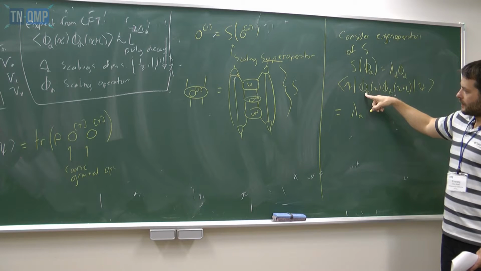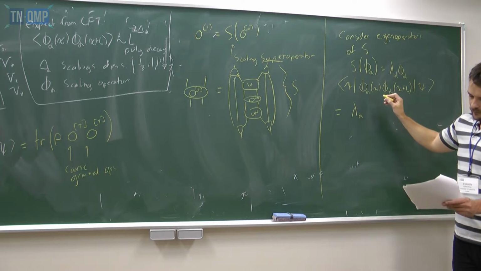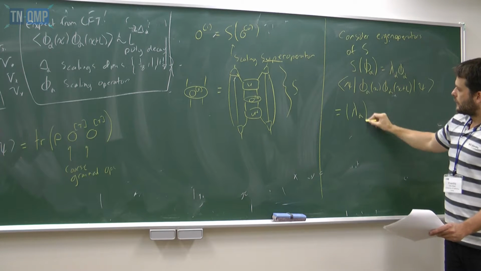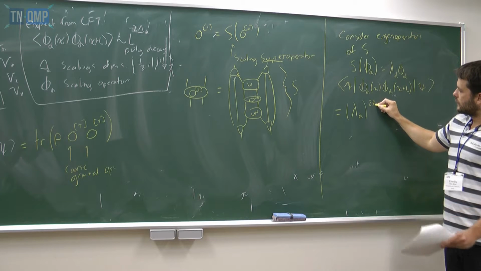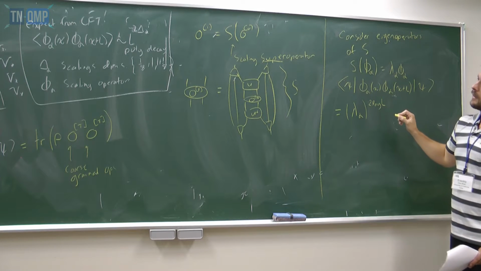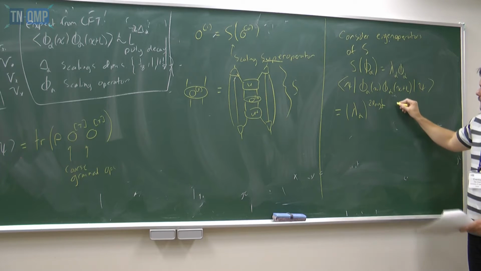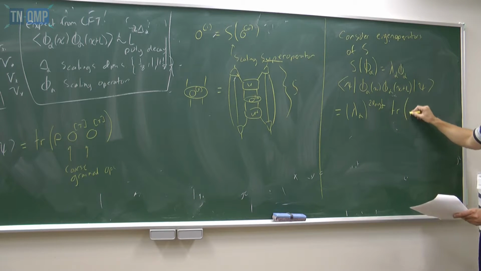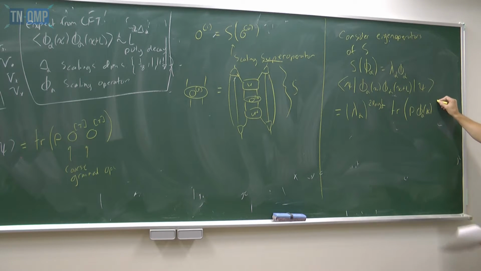each time I apply the scaling superoperator to this guy, I get a factor of lambda alpha. I get a factor from each of these, so that becomes lambda alpha to the 2 times log base 3 of L. And here my scaling operators come together on, say, neighboring sites.